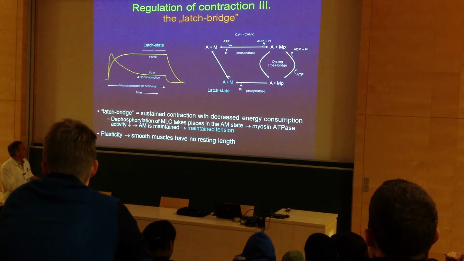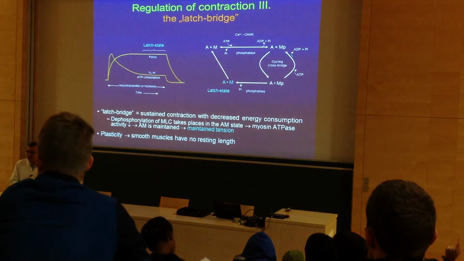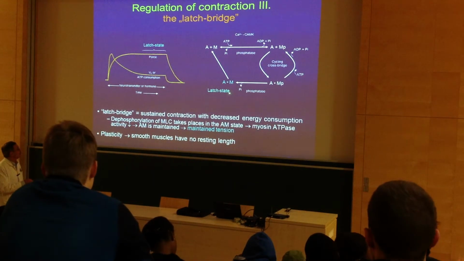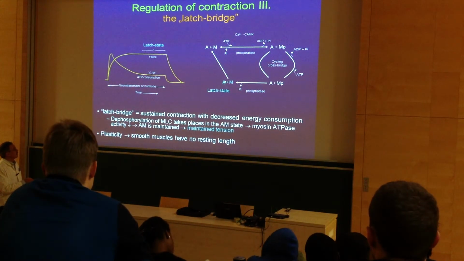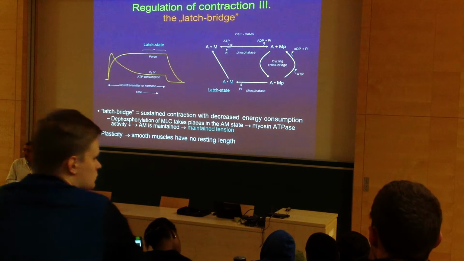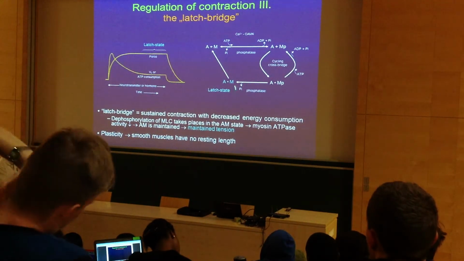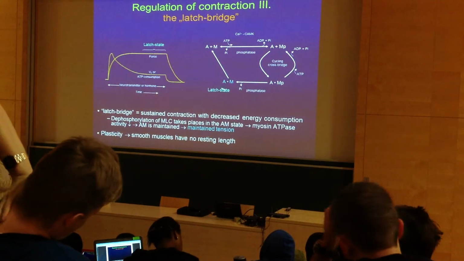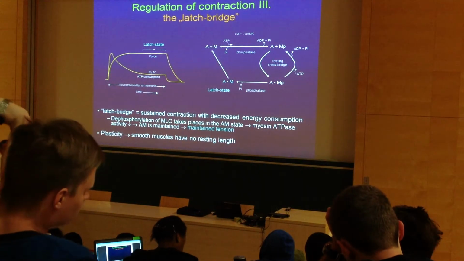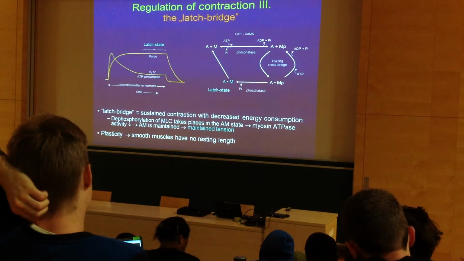So this can only remain attached if there is no ATP. However, in order for myosin to be able to bind to actin, the tropomyosin and troponin need to move away. So for that, you need the presence of calcium. So this state in a skeletal muscle can only occur if there is no ATP, but there is calcium.